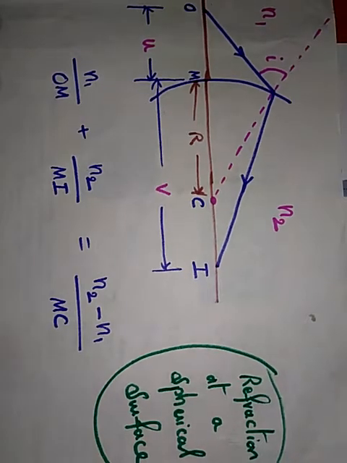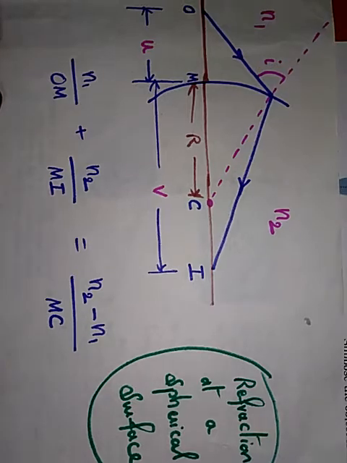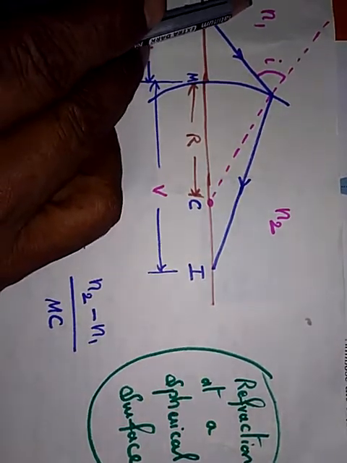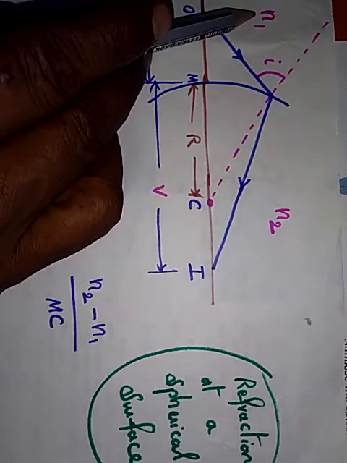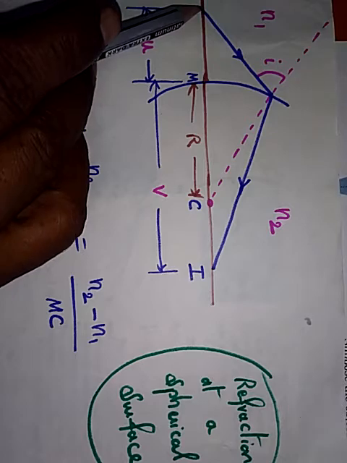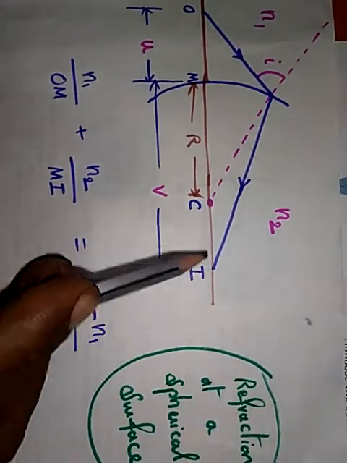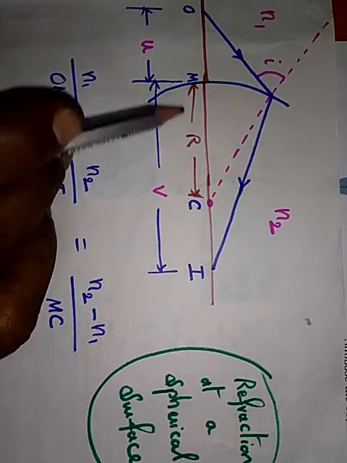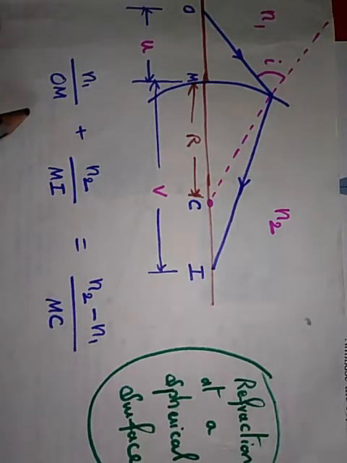So what we do is, we have refraction at a spherical surface. We have the formula for it. If you have a spherical surface, this side you have refractive index n1 and this side n2, the object is placed here and the image is formed here, and the radius of curvature, the center is C and R is the radius of curvature. So this is u and this is v.